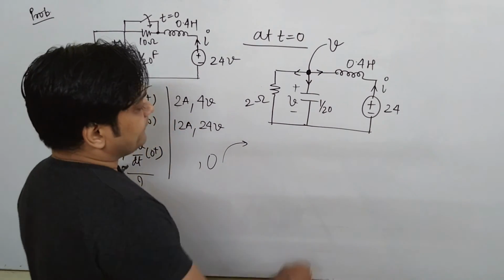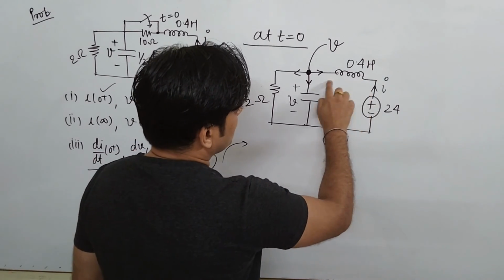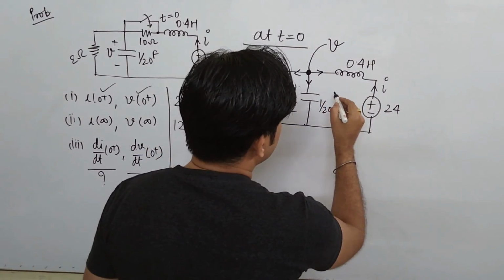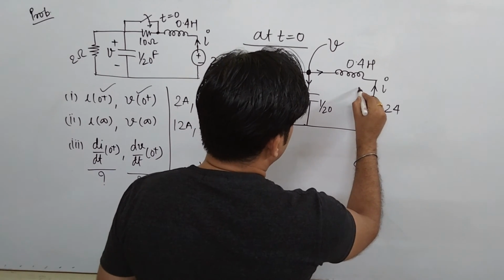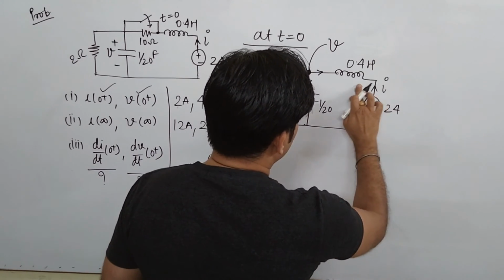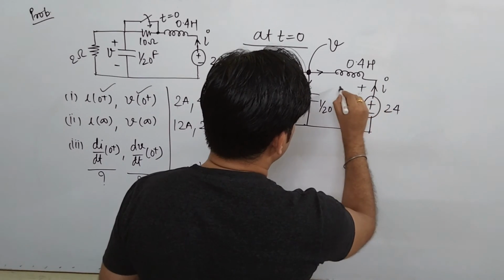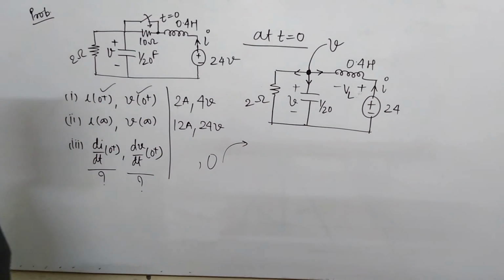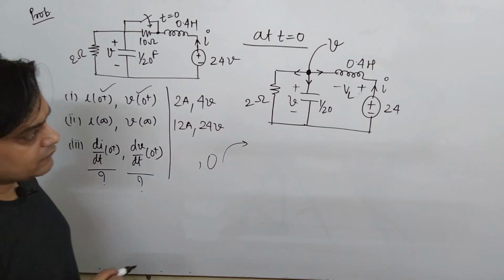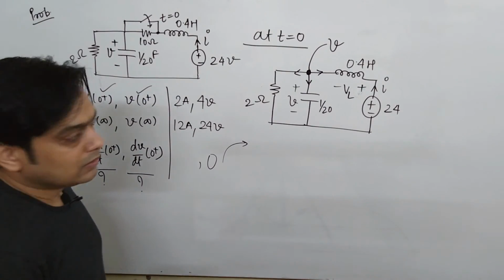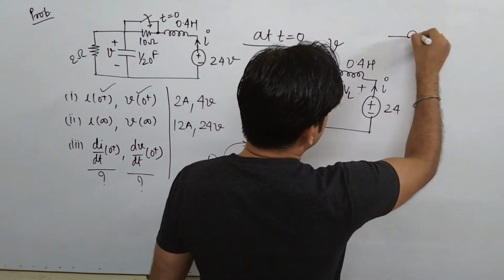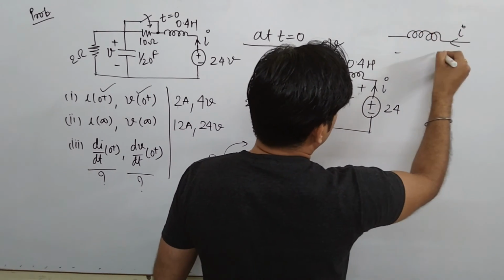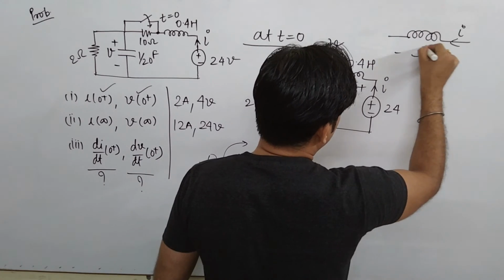Now if you see the voltage here, if I write this voltage as VL, this is the condition of this voltage VL, because here is the current I, so this is the terminal.